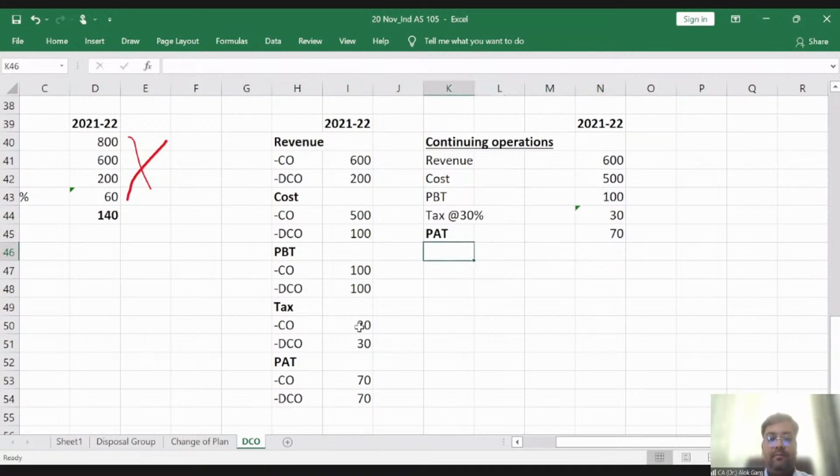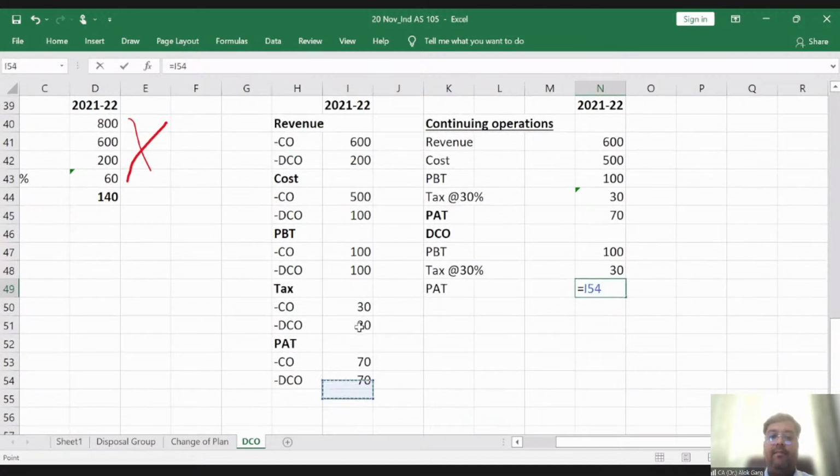Then discontinued operations. Again, PBT, then tax, then PAT. So PBT is 100, then your tax is 30, and your PAT is 70. Then your total profit.